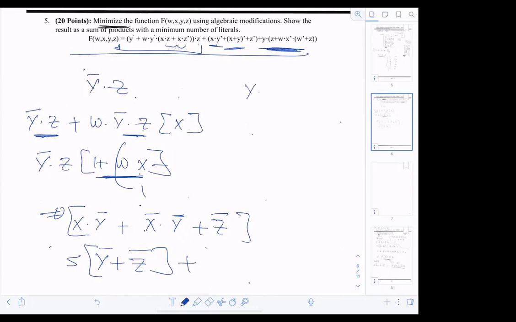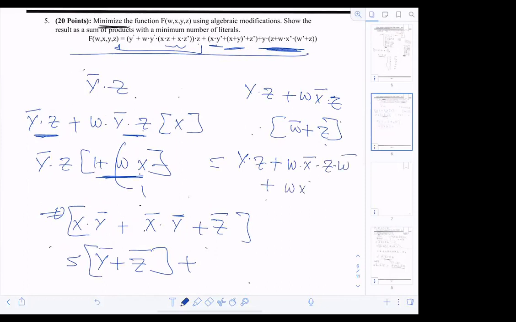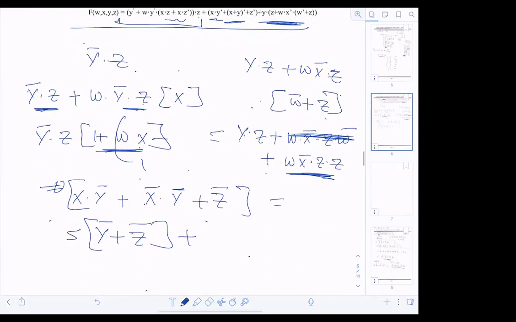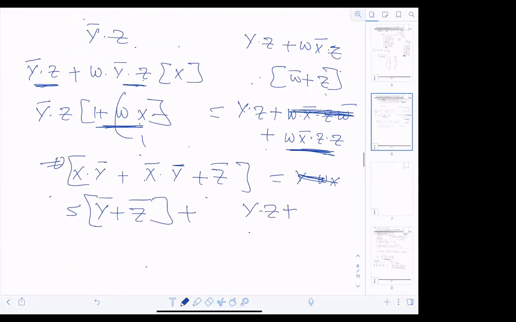So it's going to be here Y, Z with W, X, Z times W with Z, something like that, right? So it's going to be Y, Z, and this will be ORed with W, X complement, Z, W complement, ORed with W, X complement, Z, Z. This one is gone, so we just have this one, right? So pretty much it's going to be Y, Z, ORed with the W, X, Z. Am I right?